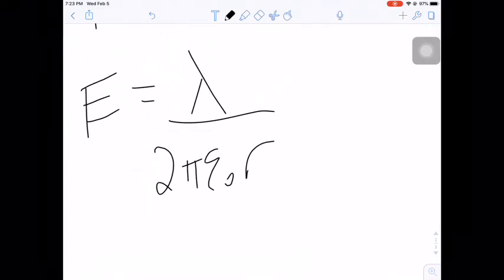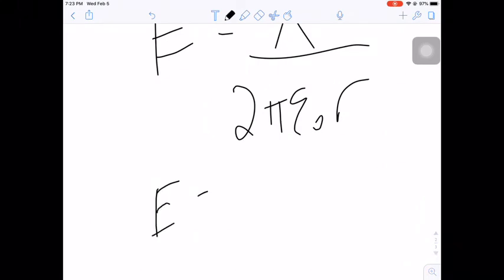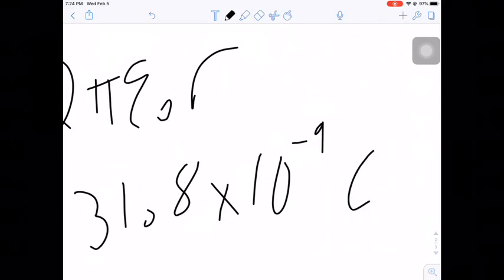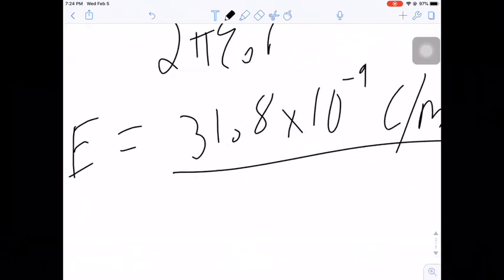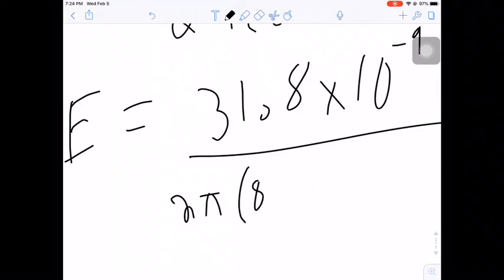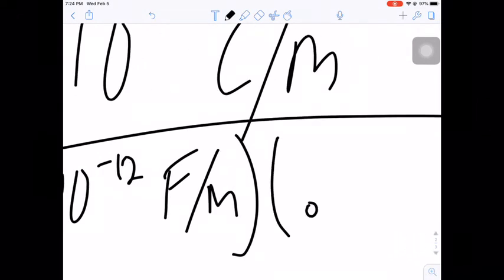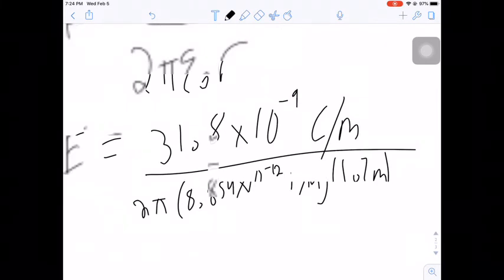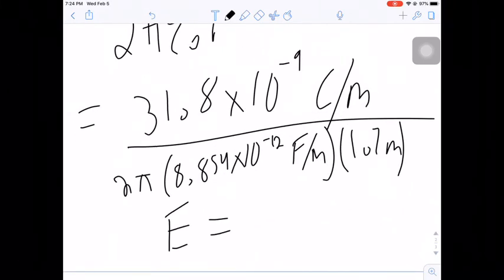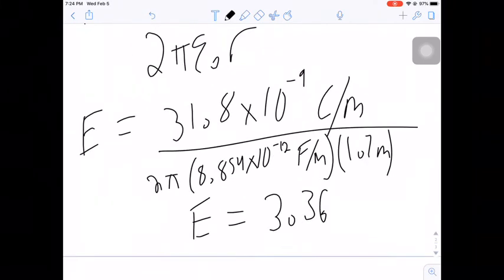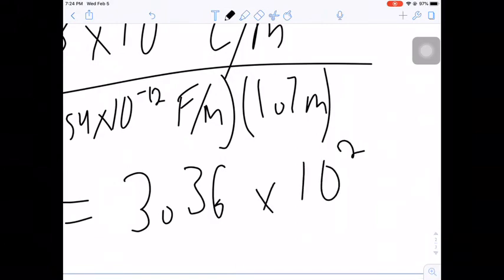R is the only thing that changes here, so 31.8 times 10 to the negative 9th coulombs per meter, all over 2 pi epsilon naught times the radius, 1.7 meters.